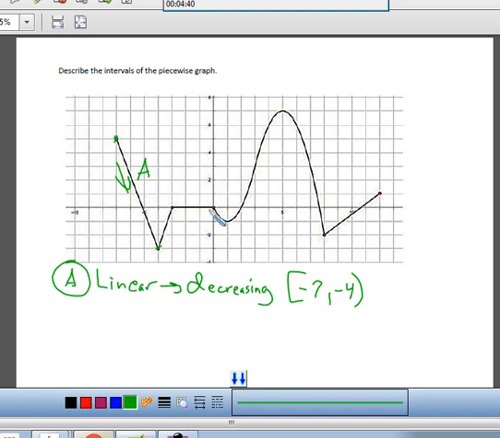Now the next part, B, that's right here, it looks like it's increasing. It's linear also. This time, I'm going to include the -4 with this. So, this is the part you have to understand.